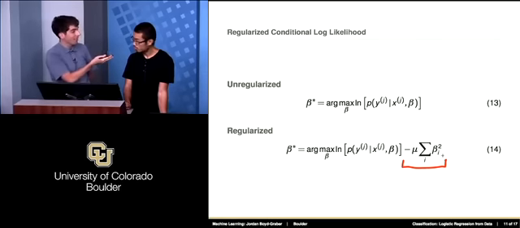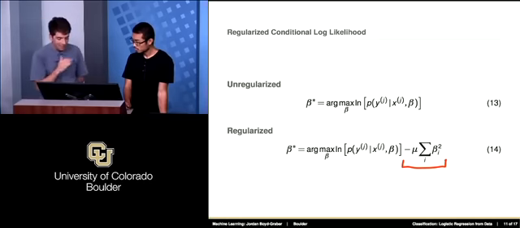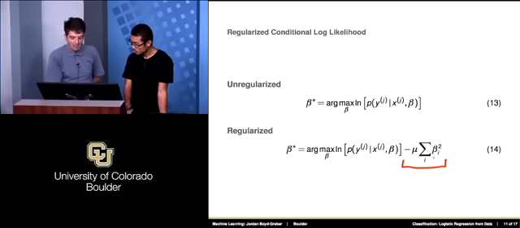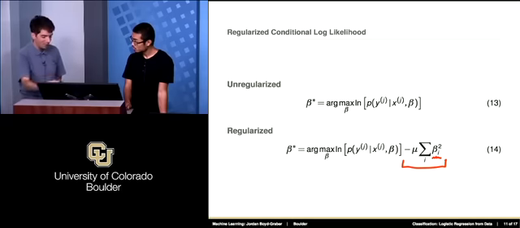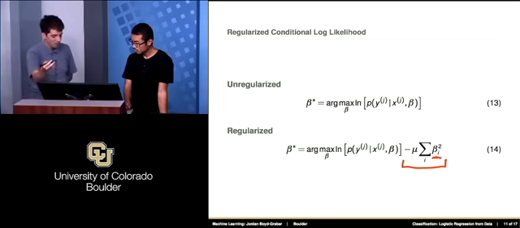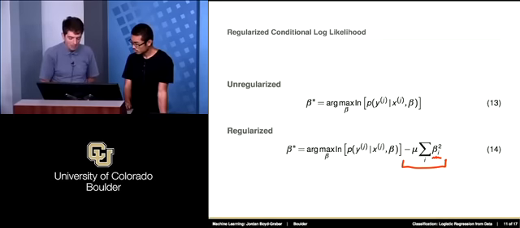And so this gets back to the question that you asked last time about are there ways to add priors in logistic regression. This corresponds to a prior over the weight values, that you want to prefer weight values that are smaller.